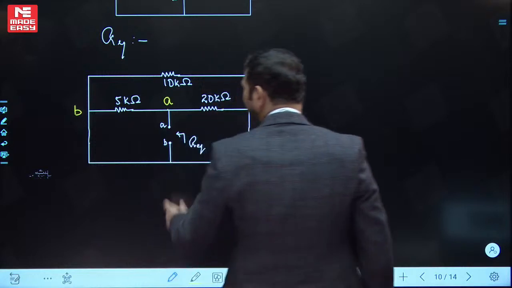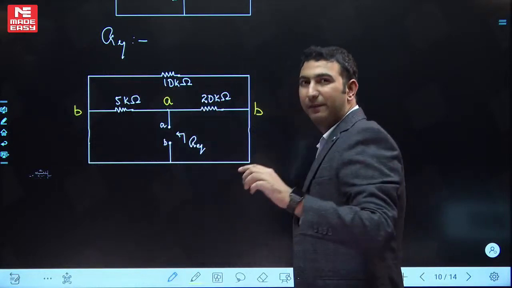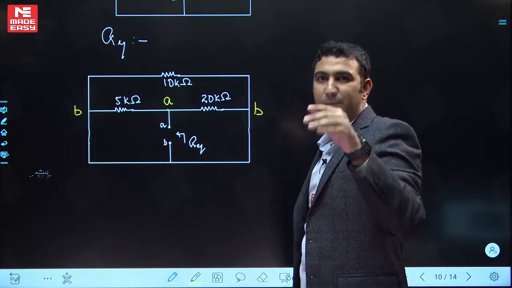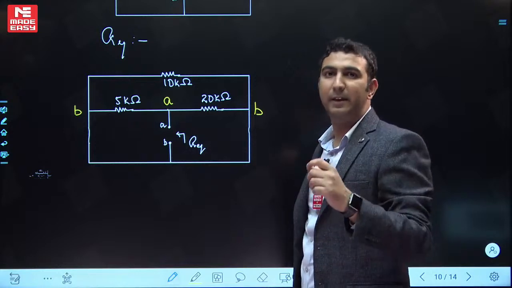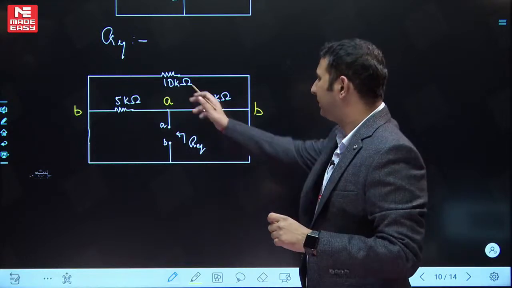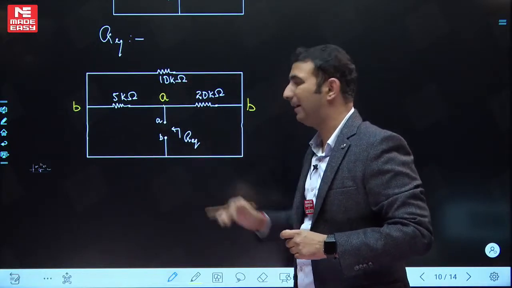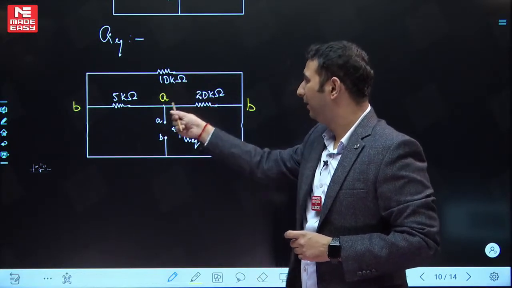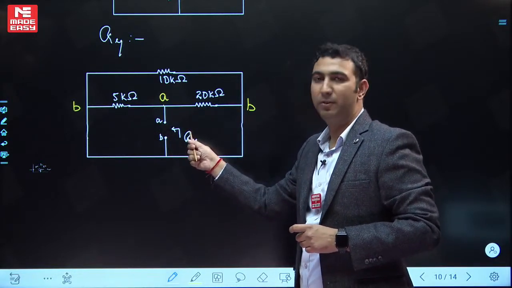Can you see that the 10k is connected between B and B? If any element has the same terminals on both sides, then it is shorted. The 10k is in parallel with a short, so it becomes dummy. Between A and B, these two are in parallel, and between A and B we are calculating R equivalent.